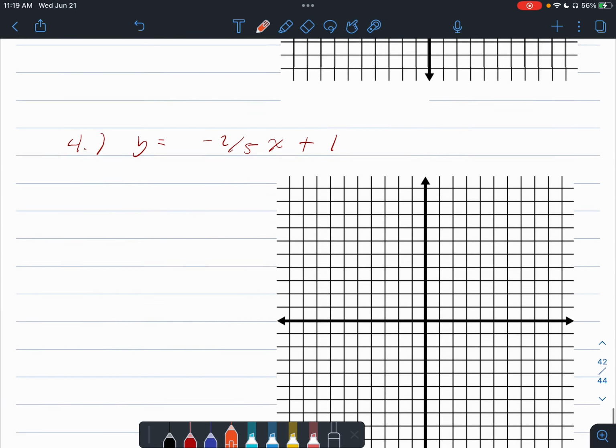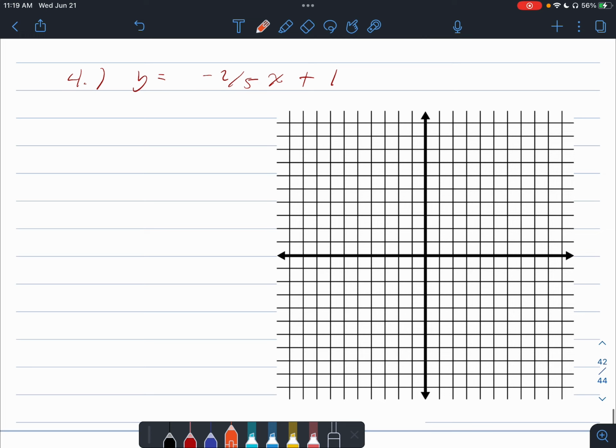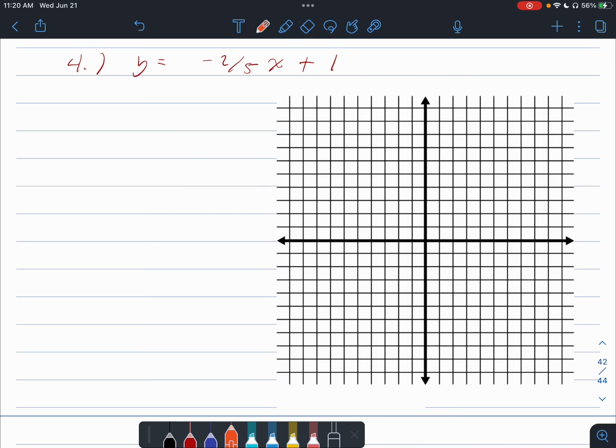Okay, let's do one more example like this. Here we have y equals negative 2/5 x plus 1. All right, so our slope here is going to be negative 2/5, or you can think of this as 2 over negative 5. And our y-intercept is going to be 1.